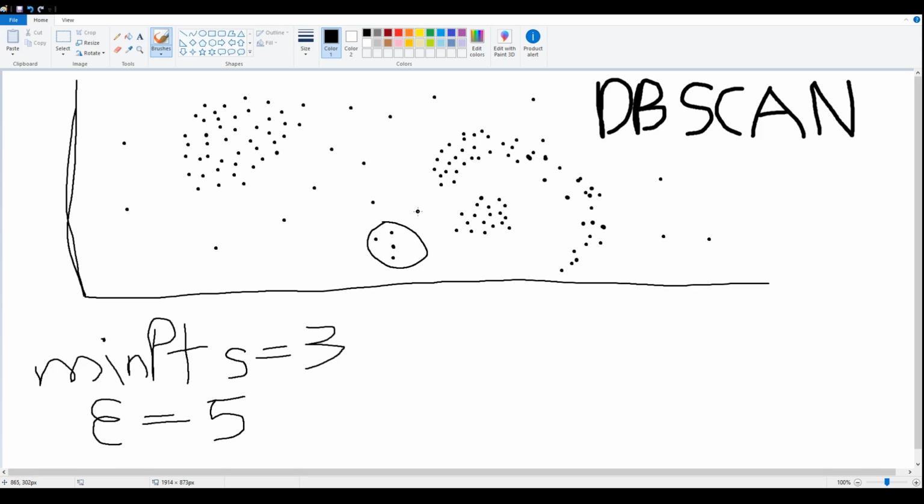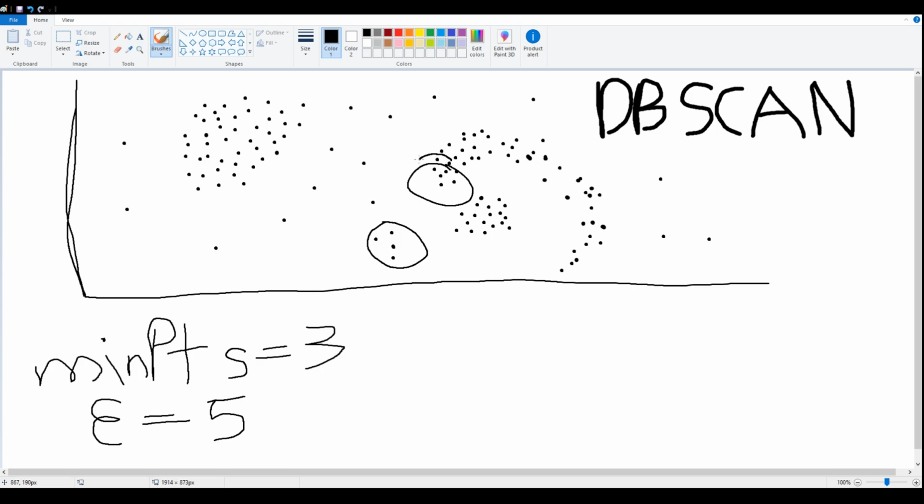This is the essence of how DBSCAN works. But the reason it's even better is that once it's found that a point is in a cluster, let's draw another circle, because this is quite dense. Let's draw a circle around this point right here.